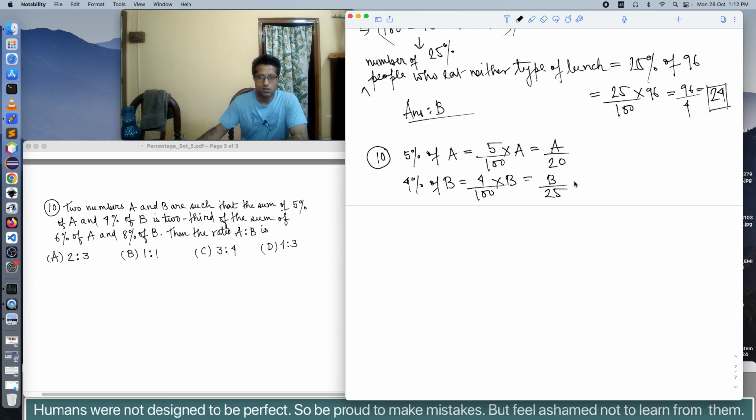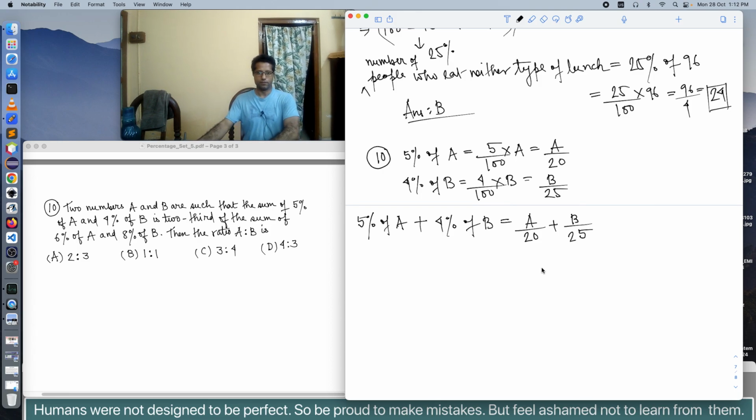Okay, again it is saying that their sum, so 5% of A plus 4% of B is equal to A by 20 plus B by 25.